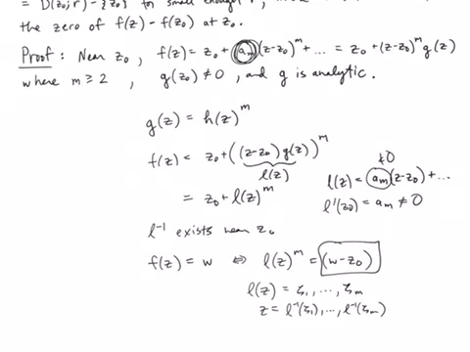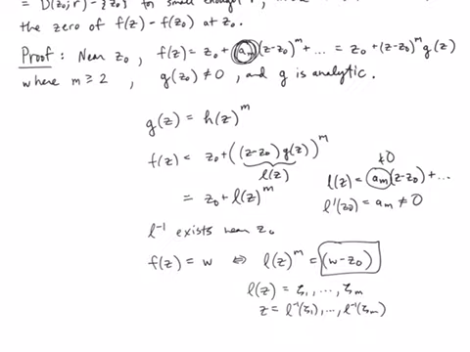So that tells us that there are exactly m solutions, and those are m different solutions because zeta 1 through zeta m are different, and so your function is m to 1 locally.